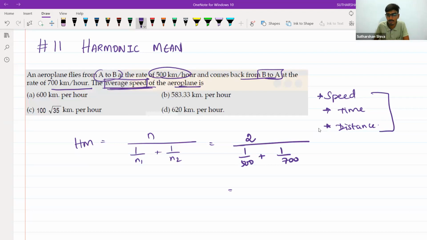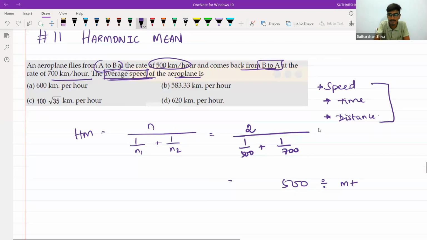What my students should do is take a calculator. First step, 500, divided by, M plus. Then 700, divided by, M plus.